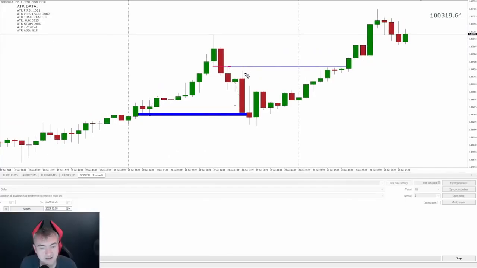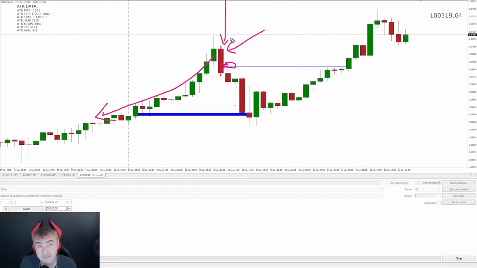That one was tiny. Now, the problem with your strategy, Harold, and it's not a problem, but it is a potential Achilles heel. Look at the size of that propulsion gap. It's literally a line, but that is a propulsion candle because this is bigger than the previous 25 candles.